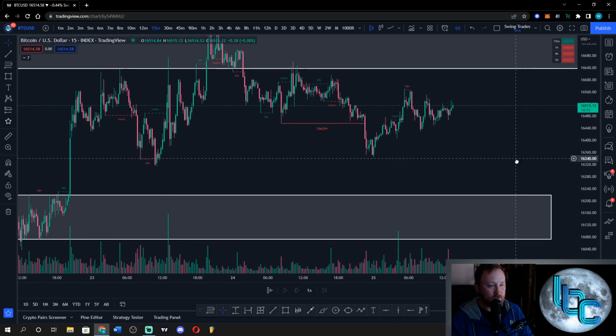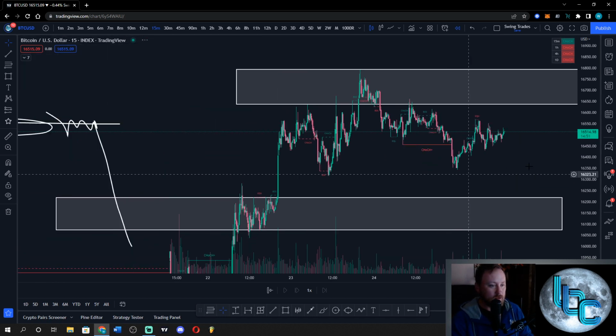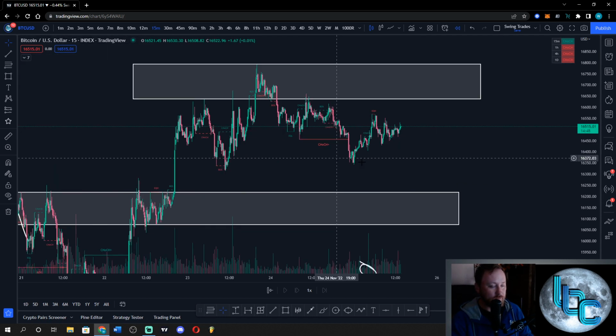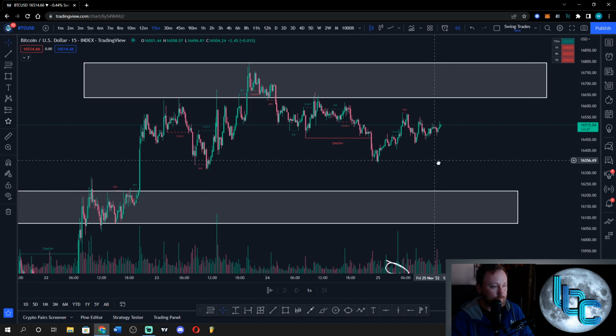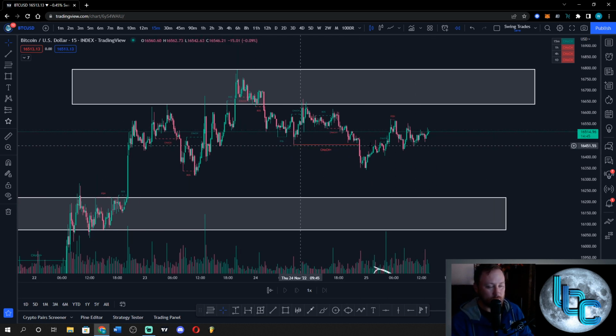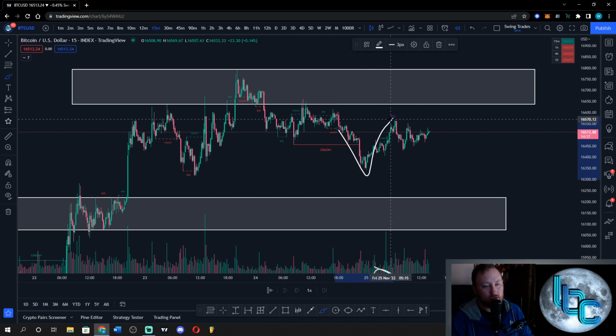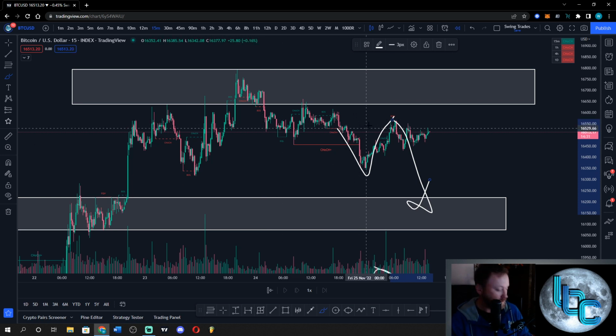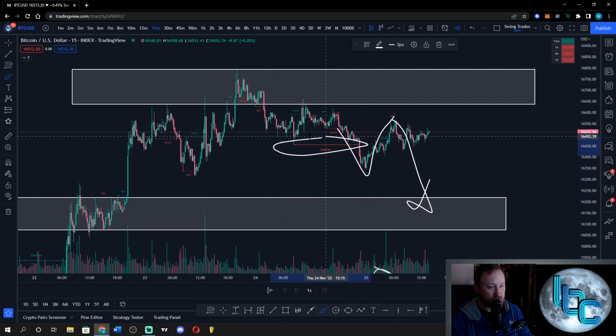So effectively, what I look for, we're looking at the Bitcoin price chart in the 15 minutes. Right now, as you can see, we've had a change of character, which indicates that we could be seeing a price reversal back down towards the downside, I believe, because it is a red change of character.